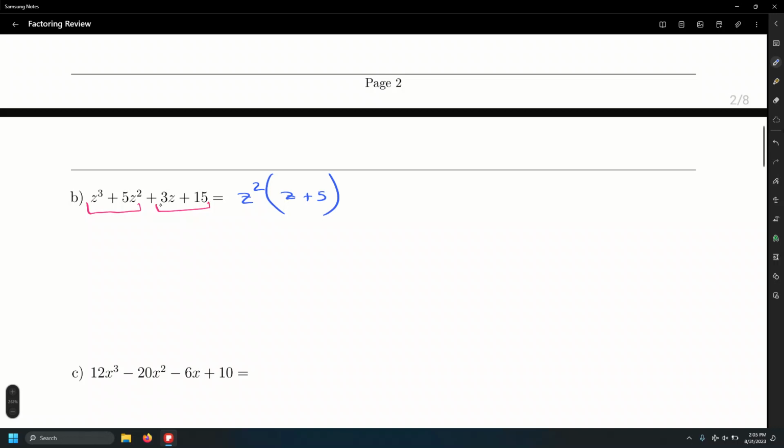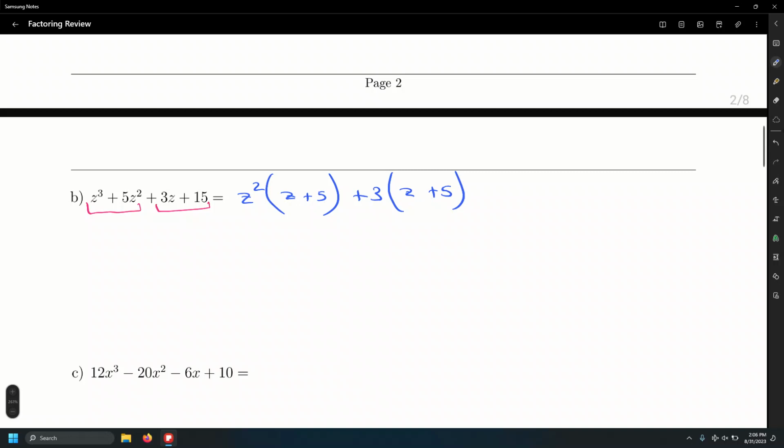Then factor out the GCF of the second group. What would that be? Just the 3, right? So plus 3, and that's going to leave us with z plus 5. Now, did you see this new common factor, the z plus 5?